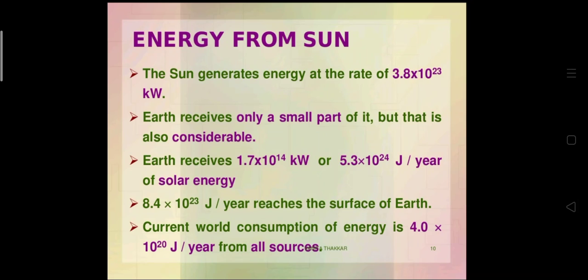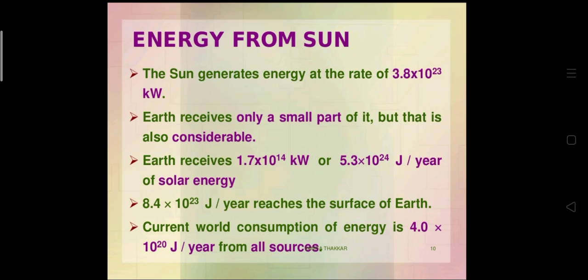How much energy do we get from the sun? The sun generates energy at the rate of 3.8 × 10^23 kilowatt. Earth receives only a small part of it, but that is also considerable.